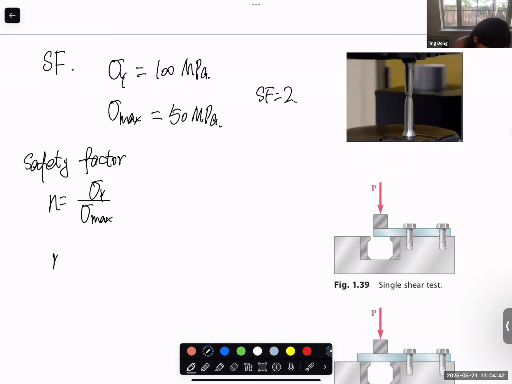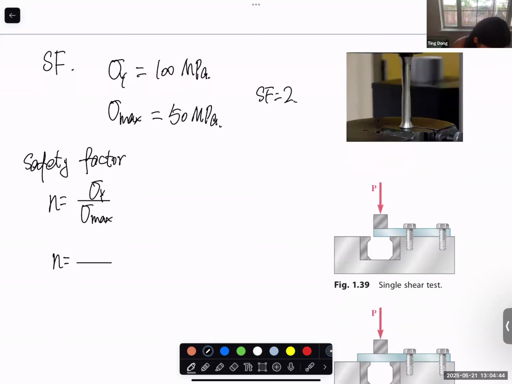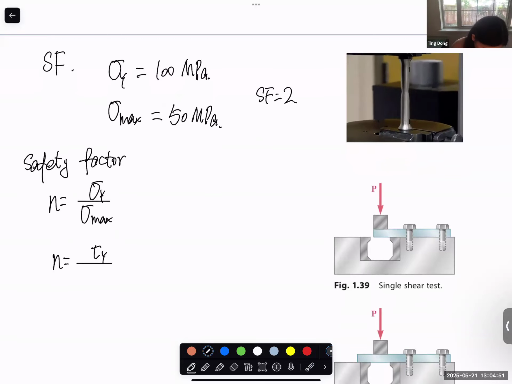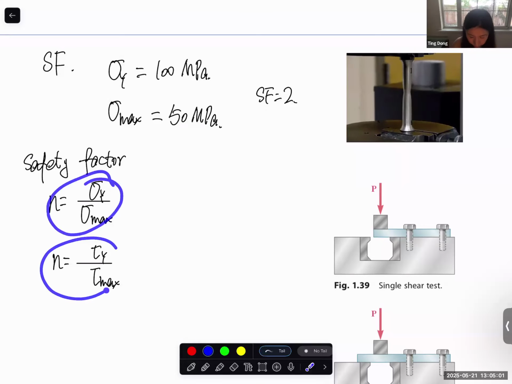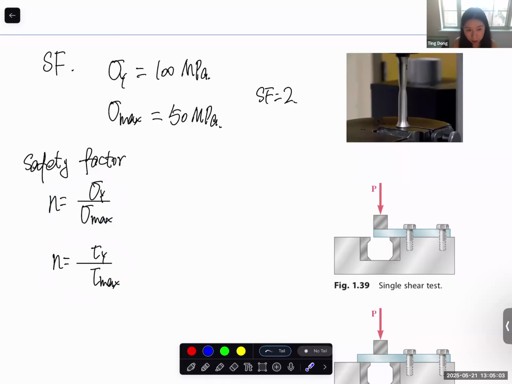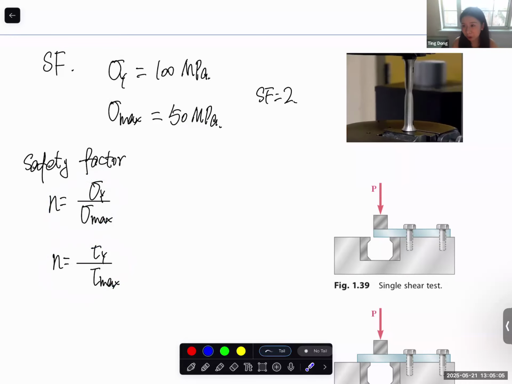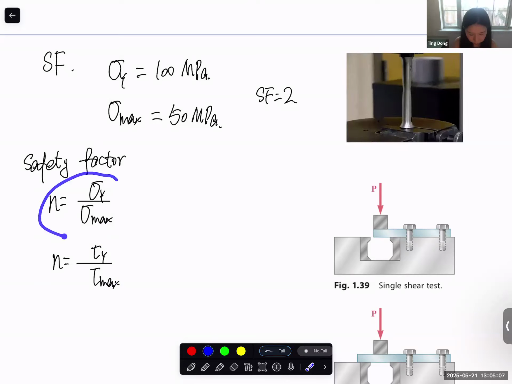If we calculate based on the shear stress, the safety factor can also be, well, if the material fails because of shear stress, then the allowable shear stress, or yield shear stress, over the maximum shear stress in the structure. So we can define a safety factor in either way, determined by how your material will actually fail. If it fails because of normal stress, you can use this one. If it fails because of shear stress, you can use this one.